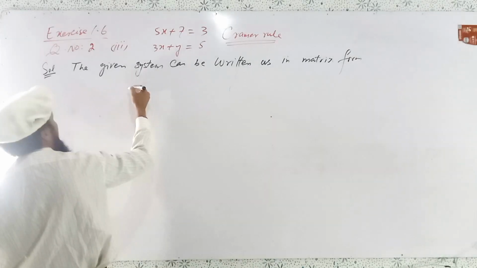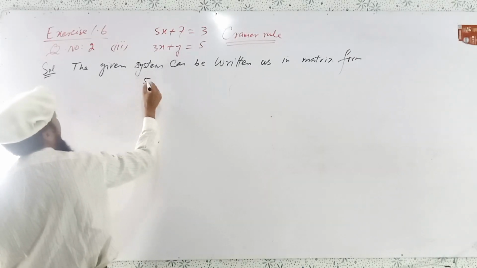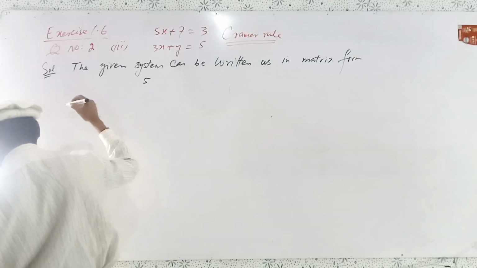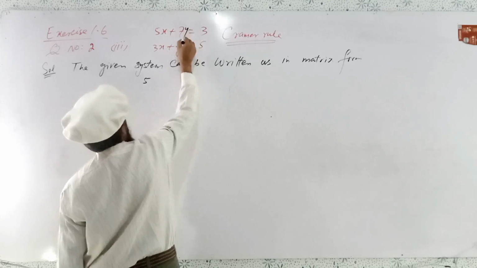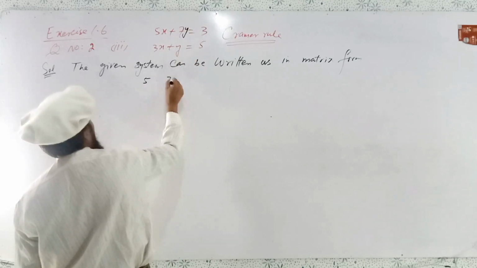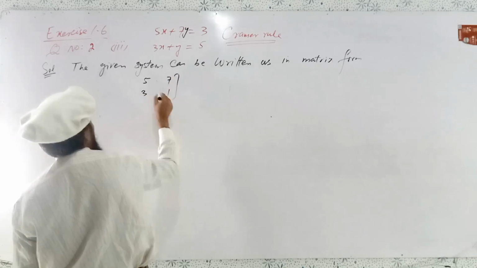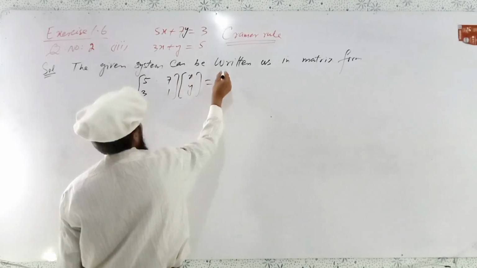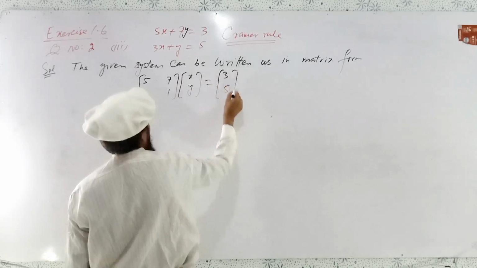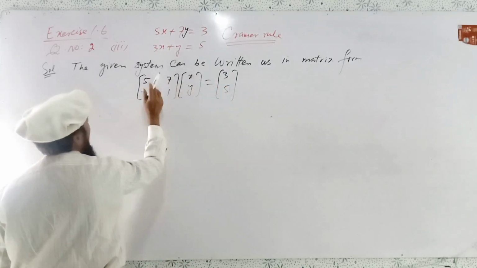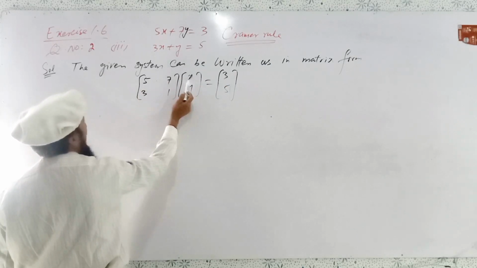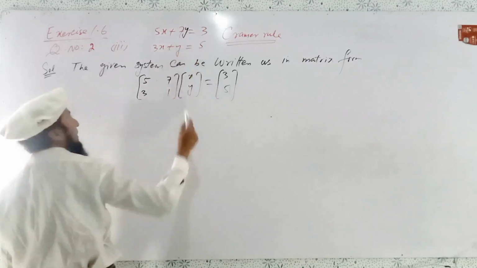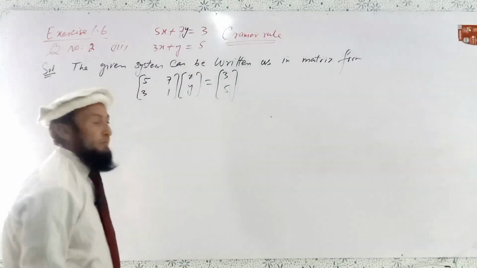We write the coefficients of the variables x and y: 5 and 7, 3 and 1, times x and y, equals 3 and 5. Look here, if we multiply these two terms, we get the same thing: 5 multiplied by x, 5x plus 7y, by the row multiplied by column method. So we obtain the given system.